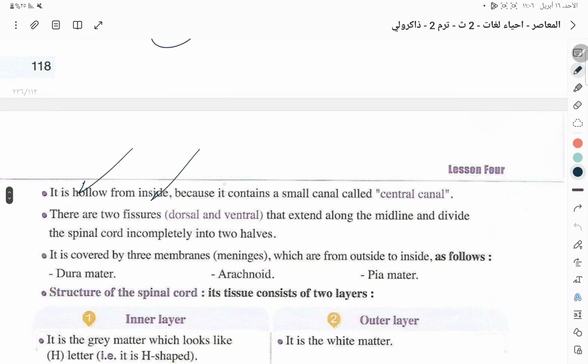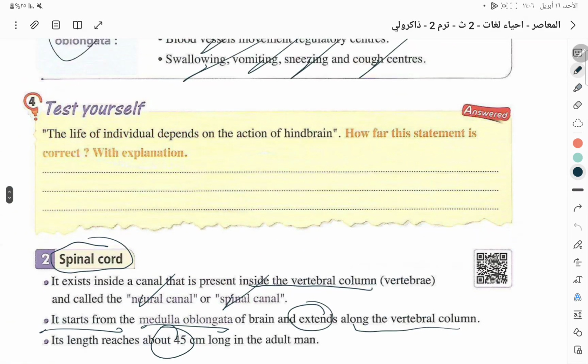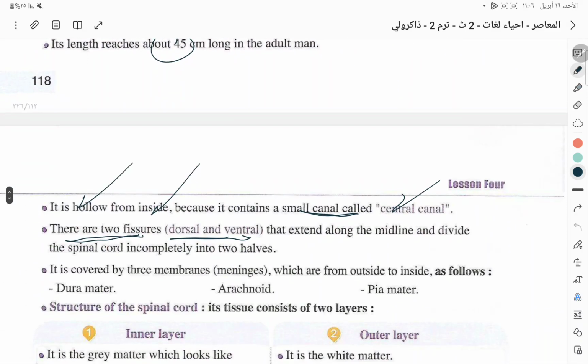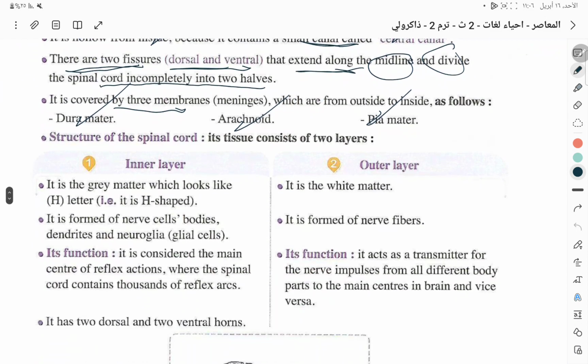It is hollow from inside and contains a small column called the central canal. There are two fissures, dorsal and ventral, in the spinal cord. They extend along the midline and divide the spinal cord. It is covered with three membranes: dura mater, arachnoid, and pia mater.